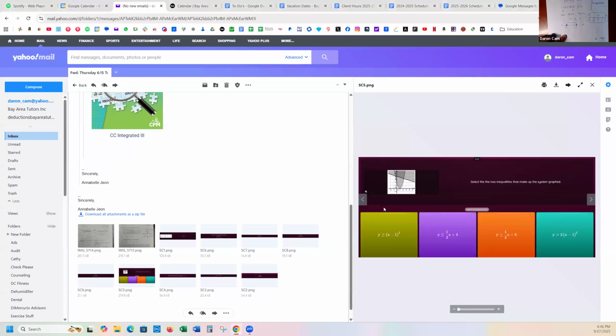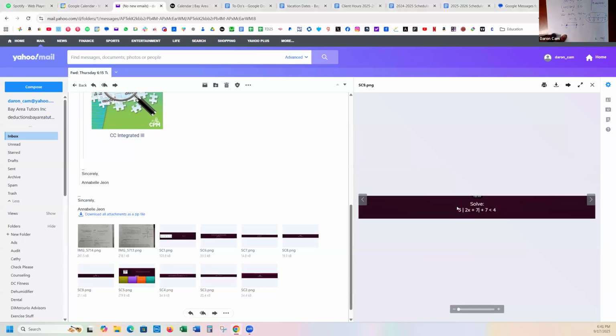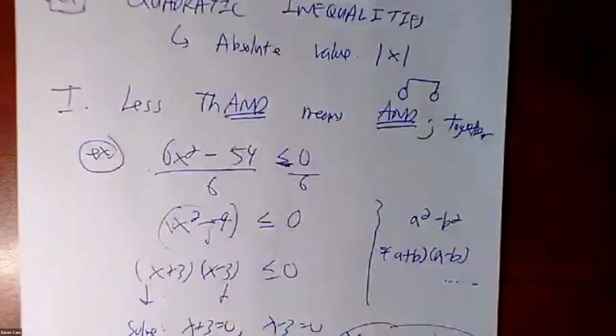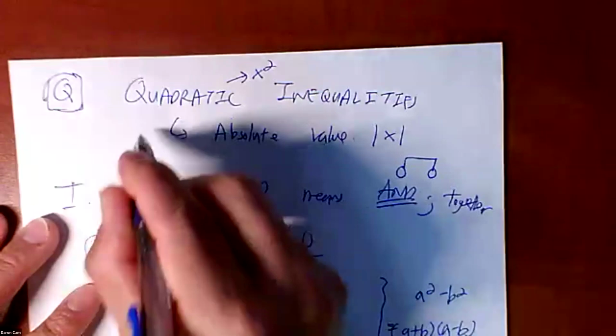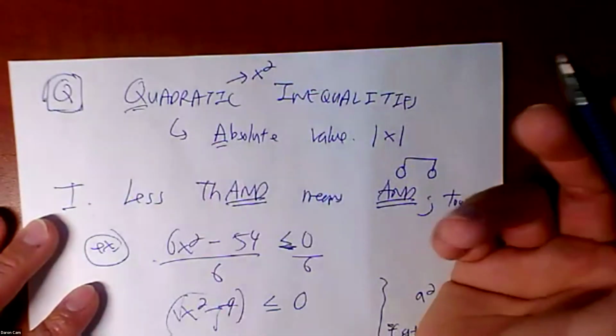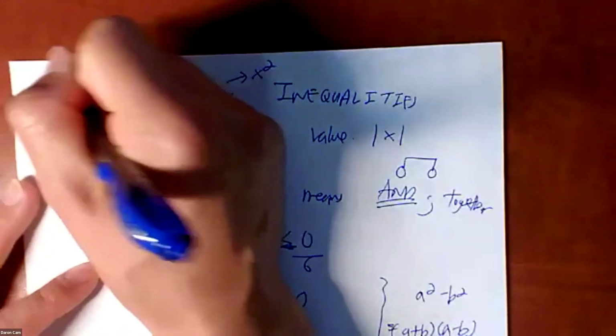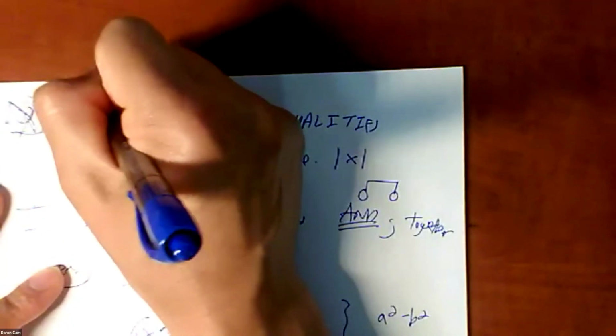Let me think of a U try. Actually, instead of doing a less than, let's do this one because it follows the same rule. Since we're going to do both quadratic and absolute value inequalities, maybe we can just cross this out and label this I for inequalities.